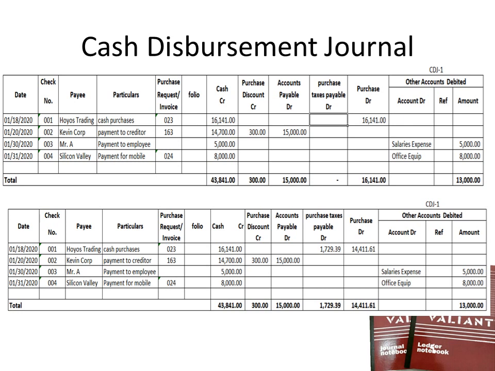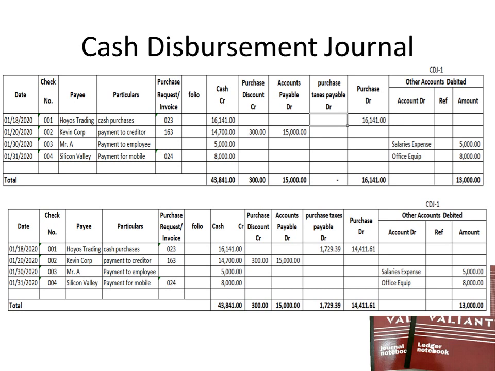So we have now 1,729.39, and then we pay our purchases 14,411.61. For Kevin, the entry would be the same because take note, this one is also recorded in our purchase journal, wherein we already put our tax purchases.